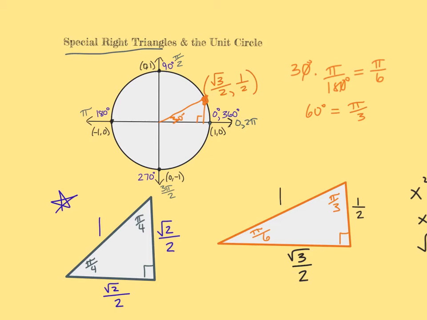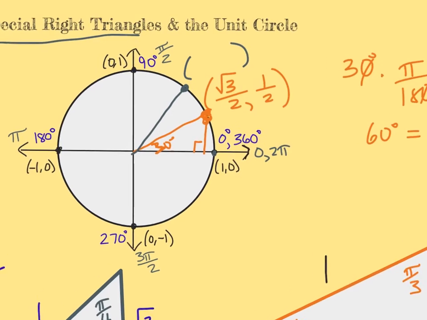Then with the 45 degrees, if we travel 45 degrees, here's the origin. If we go over root 2 over 2 and up the same, so over and up, the x-coordinate and y-coordinate to get to this point on the unit circle are the same, and they're both root 2 over 2.